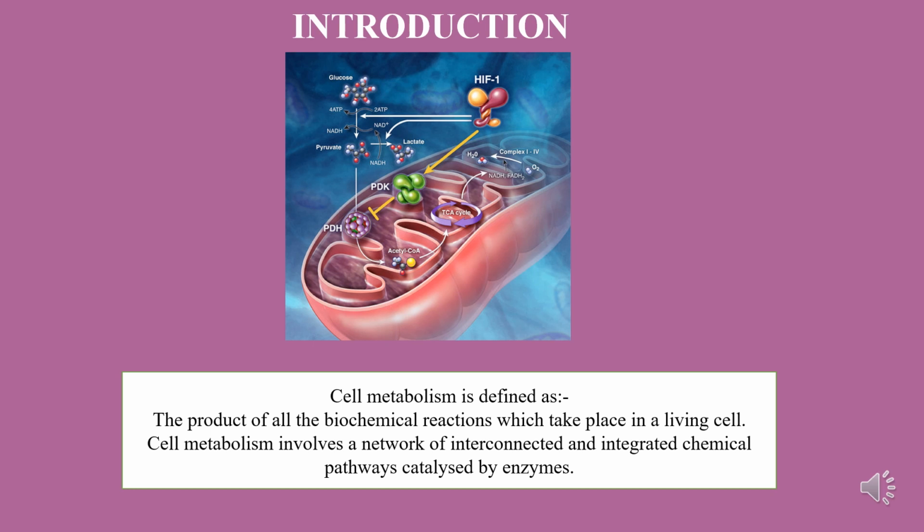So first coming to the introduction part, what is cellular metabolism or cell metabolism? The cell metabolism is comprised of the chemical reactions that occur in living cells, and broadly these reactions can be divided into catabolic reactions that convert nutrients to energy and anabolic reactions that lead to the synthesis of larger molecules.